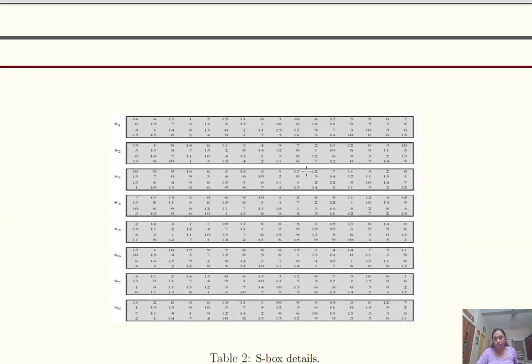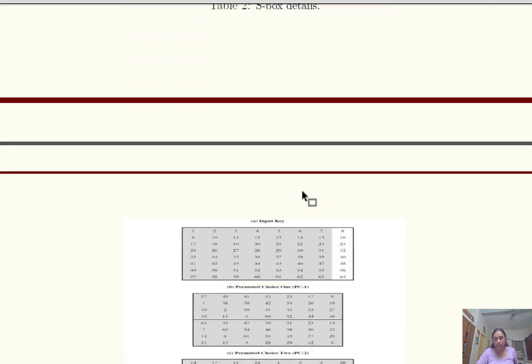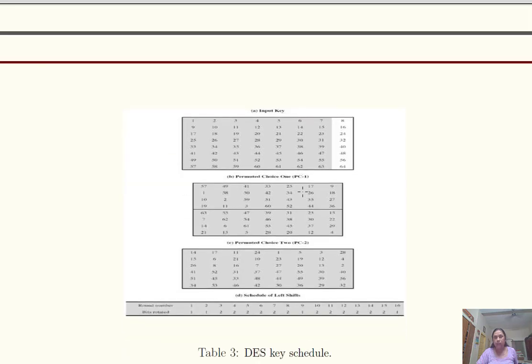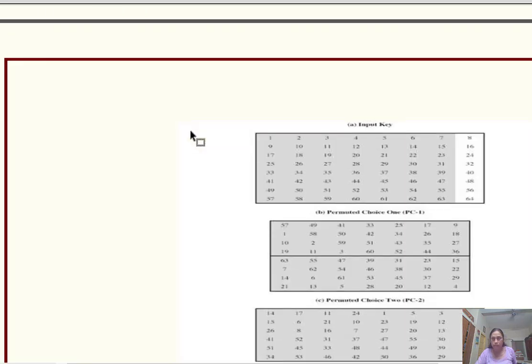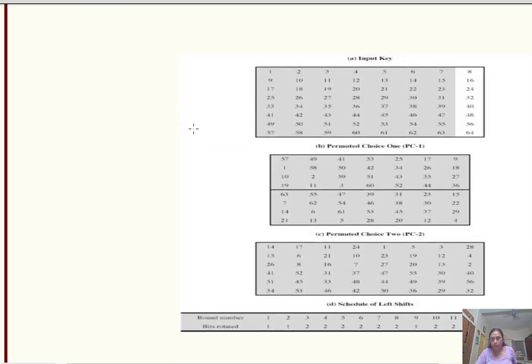I have already discussed these S-boxes and these permutations. Let me make it a little bigger font. So here is your input key.